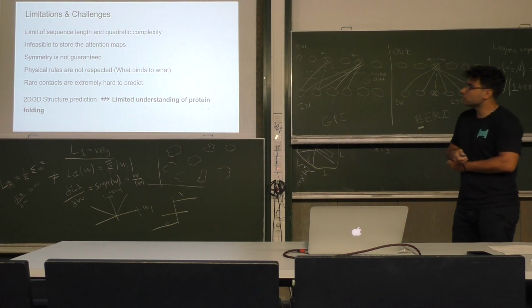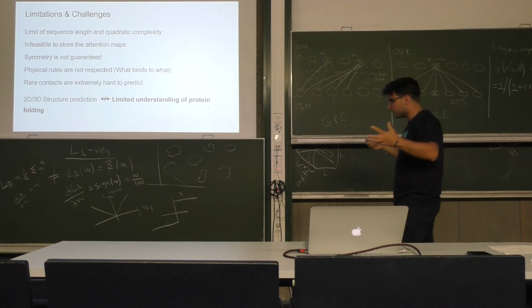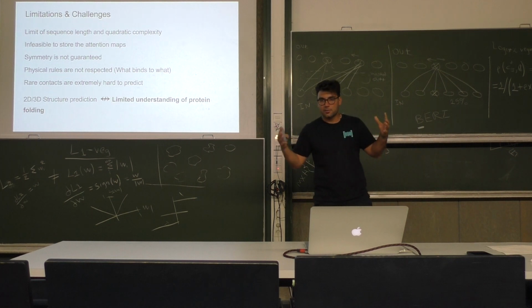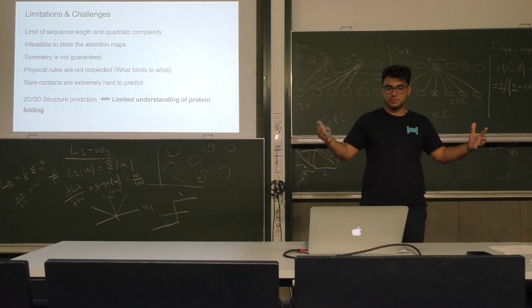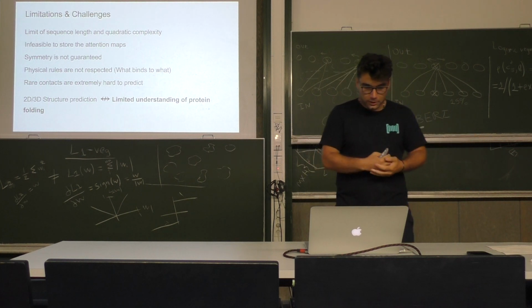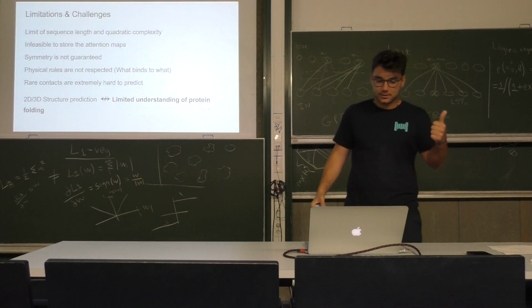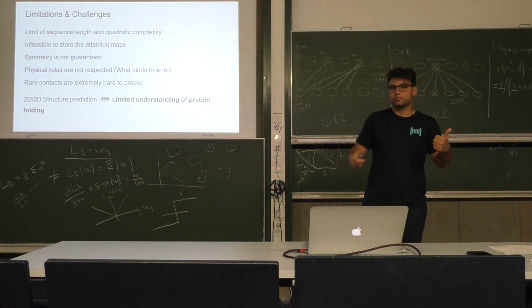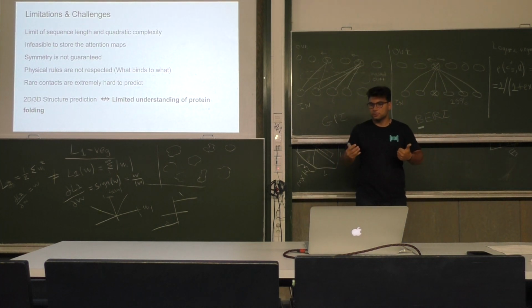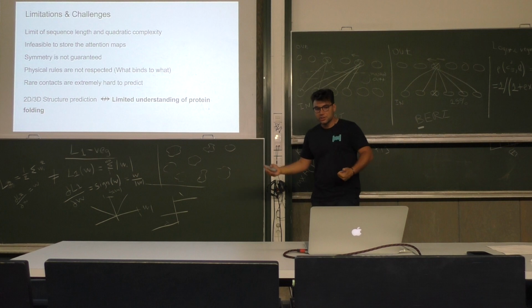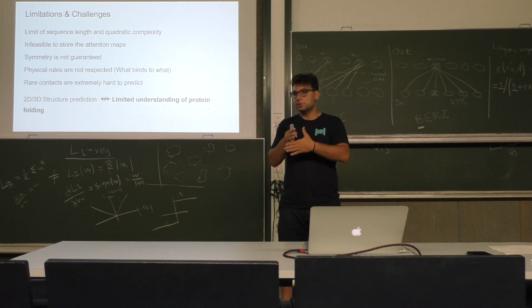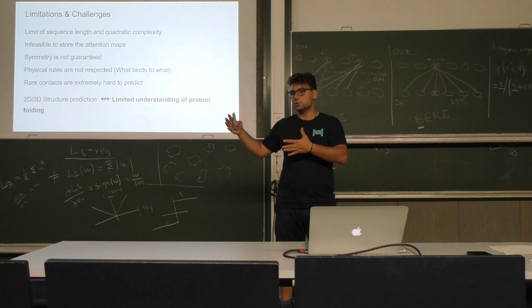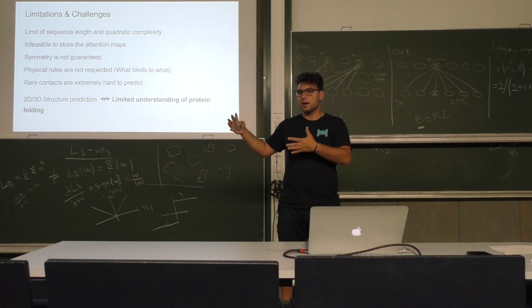Okay, so what are the limitations? I've just shown you how amazing these models are, but like everything, they have some limitations. The first limit comes from the most dominant module, attention. Attention has this quadratic complexity, and we are still not able to scale it to very large sequences.